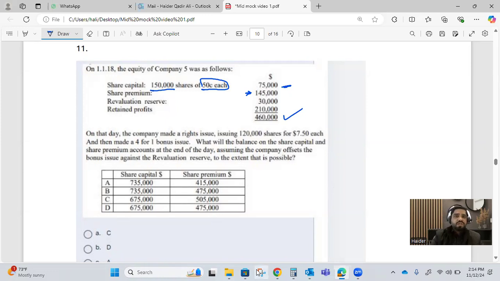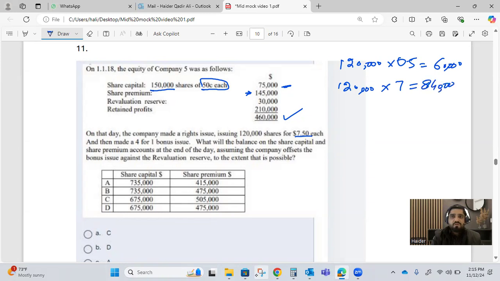So you can just calculate: 120,000 shares were issued at 7.5. It means out of 7.5, 0.5 is the par value, which will directly influence the share capital. 60,000 will increase your share capital, and 120,000 multiplied by 7 is going to give you $840,000. So this is going to be the inclusion in your share premium.